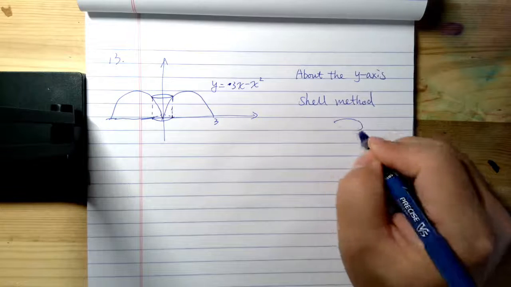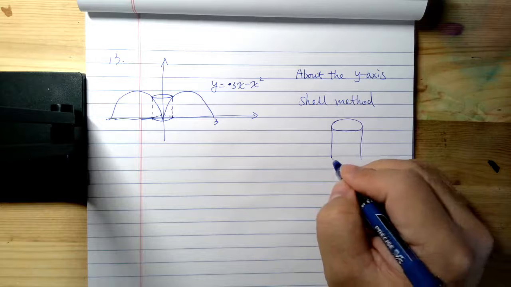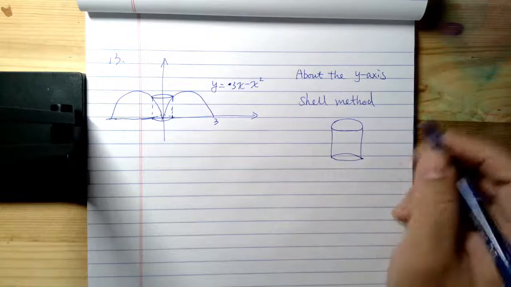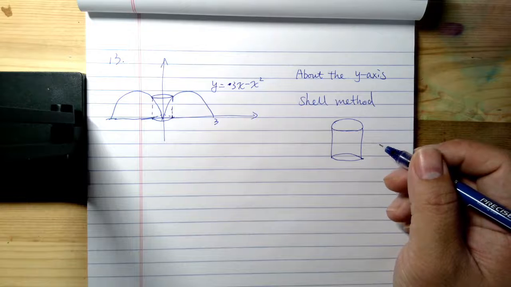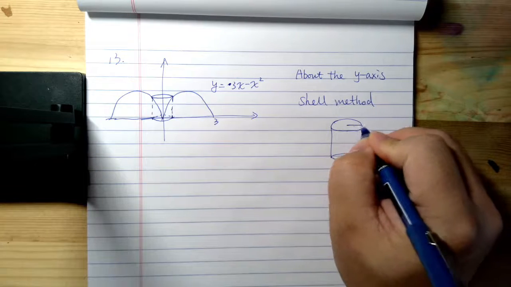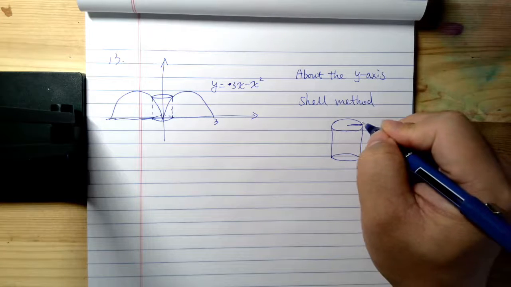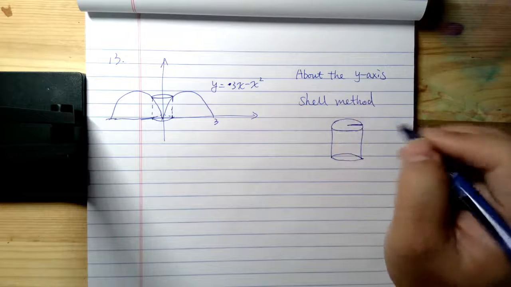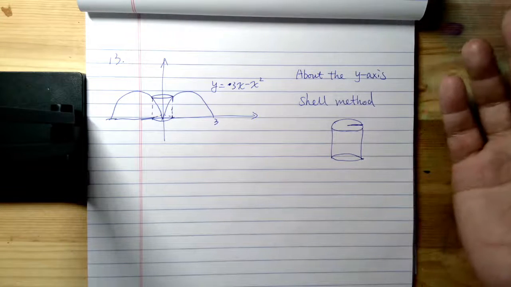So to figure out the volume of the shell, we basically need to have three components. We need to know the radius, we need to know the height, and we also need to know the thickness. The thickness, when we're using the shell method, is easy to standardize.